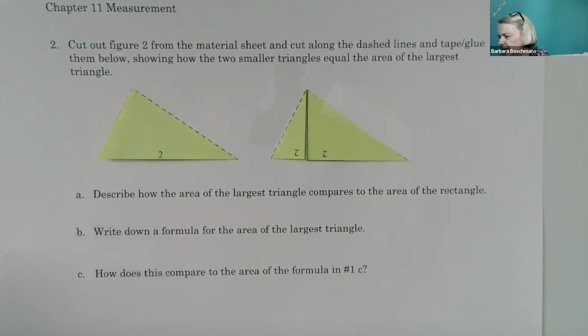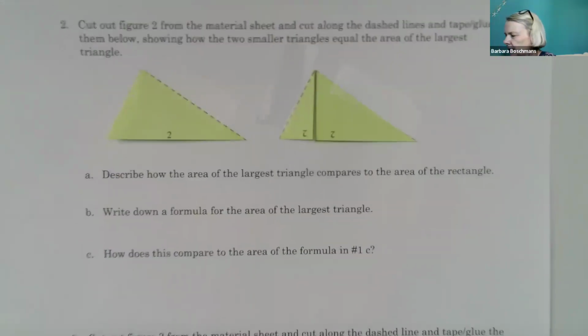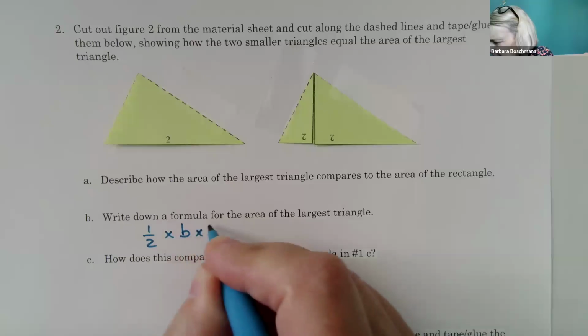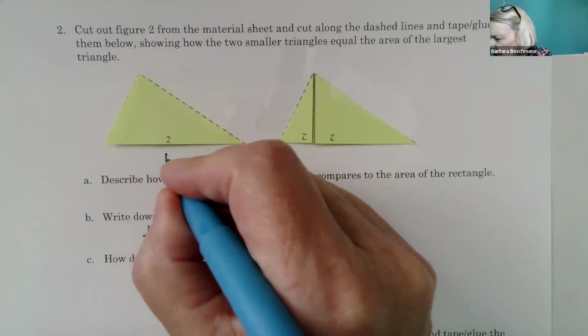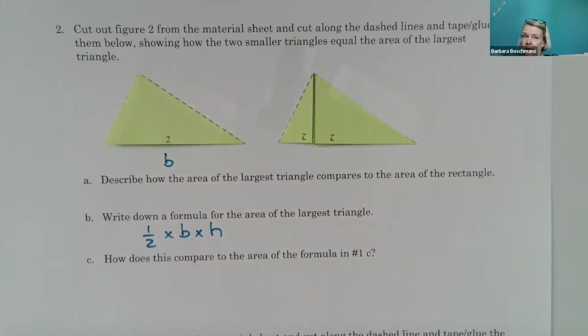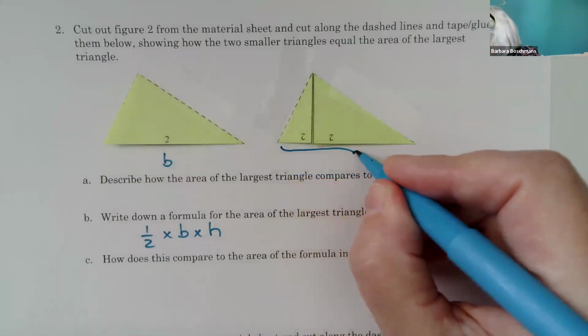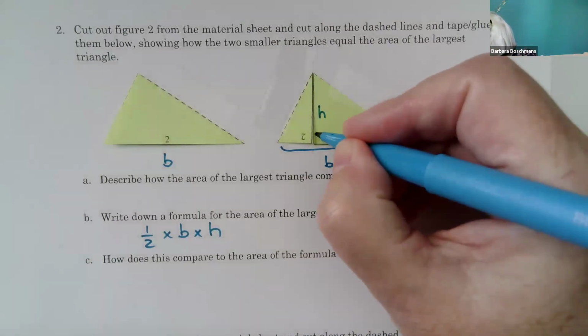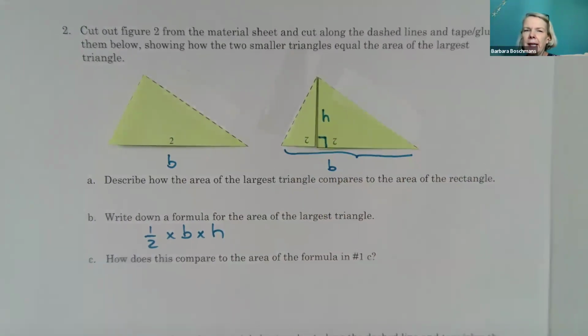Okay, so the formula for the area of the largest triangle is still 1/2 times the base times the height. So here's the base. Now I don't have the height that was the original height of the rectangle, but I do in the second one. So this entire bottom side was the base, but now I can see the height and I can still see that 90-degree angle.